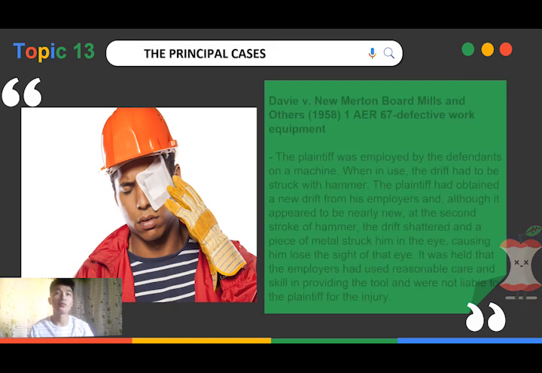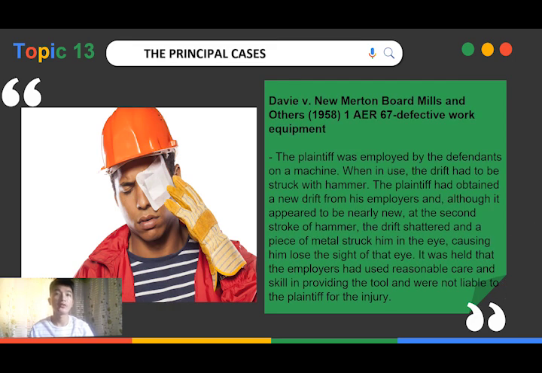Davie v. New Merton Board Mills and others, 1958, 1 AER 67, on defective work equipment. The plaintiff was employed by the defendants on a machine. When in use, the drift had to be struck with a hammer.